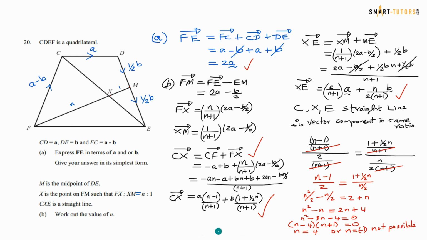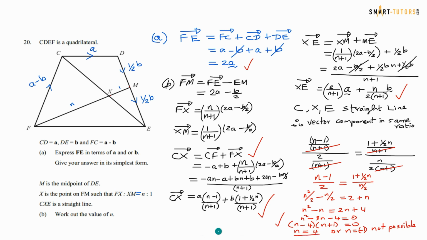So if you cancel everything common, you end up with n minus 1 over 2 equal to 1 plus half n over n by 2. So you cross multiply, n by 2 times n is n squared over 2 minus n over 2. 2 times 1 is 2, 2 times half n is n. You rearrange, you get a quadratic equation, but n is the ratio, it cannot be a negative answer. So the positive answer, the one possible, n equals 4.